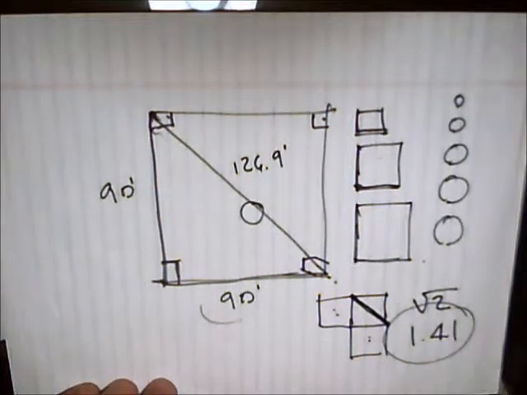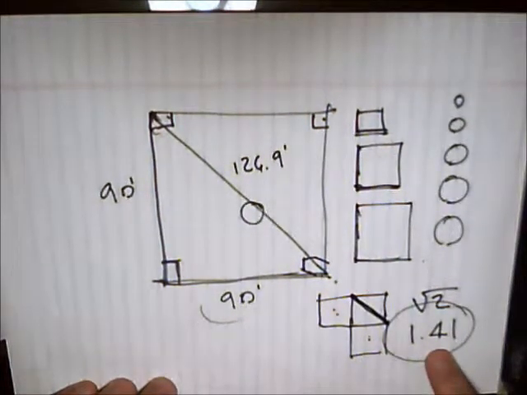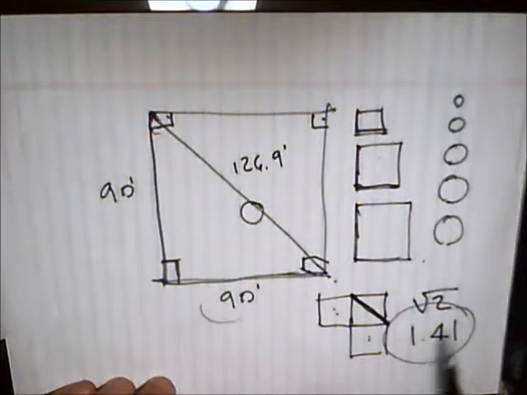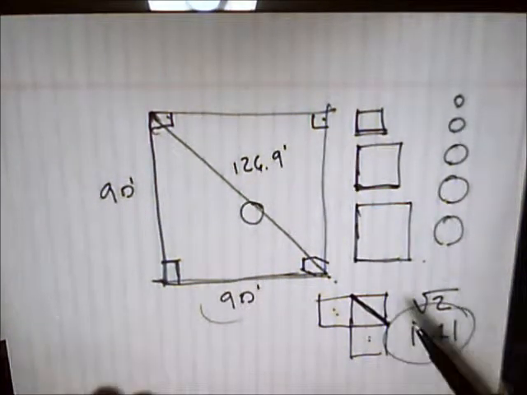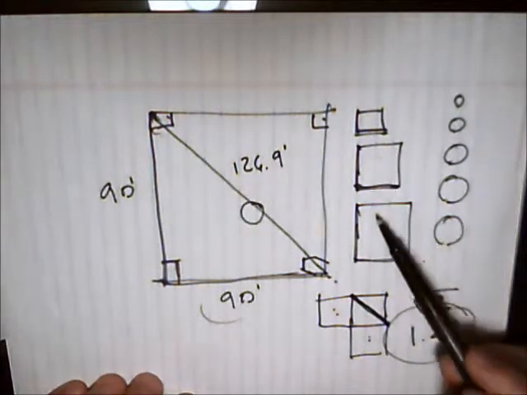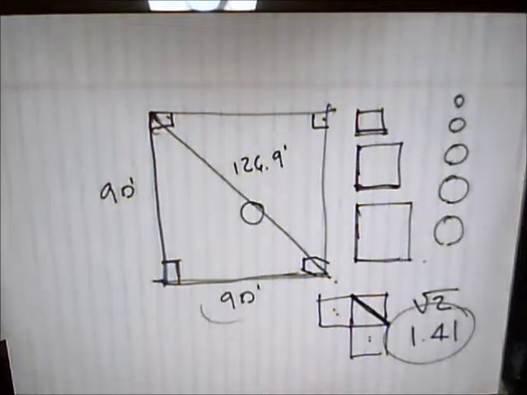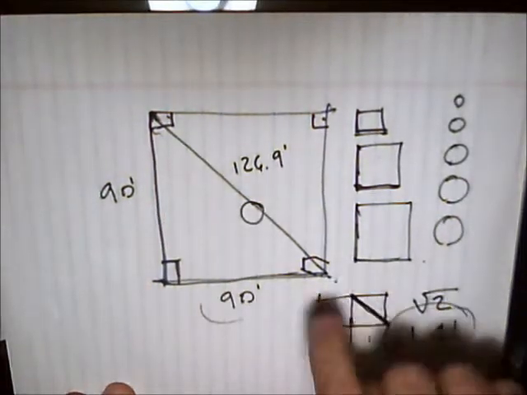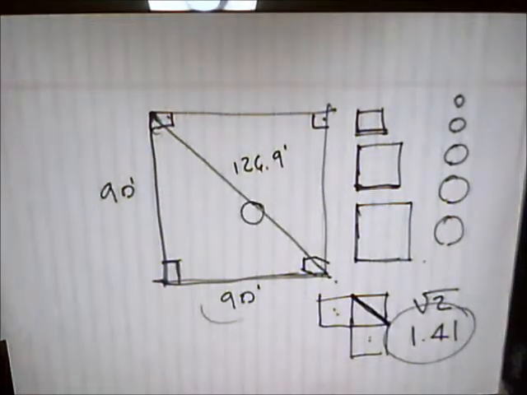And this one factor, 1.41, works on any square no matter what the size is. Why? Because all squares are similar. That's it. That's how Pythagoras throws out the stealer, by throwing it 126.9 feet from corner to corner on the baseball diamond. There you have it.